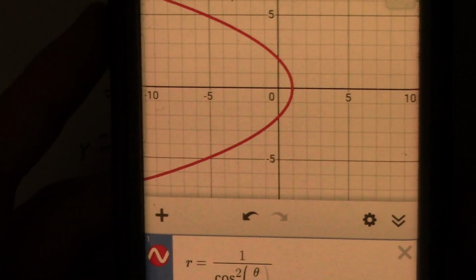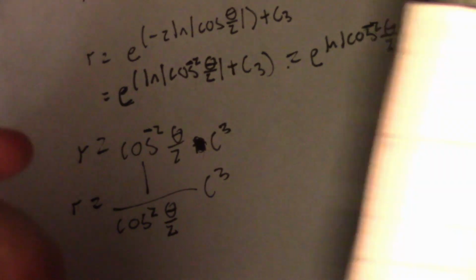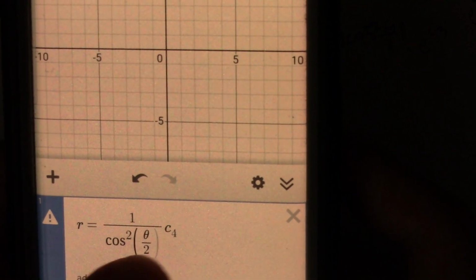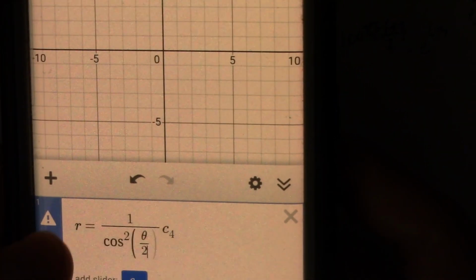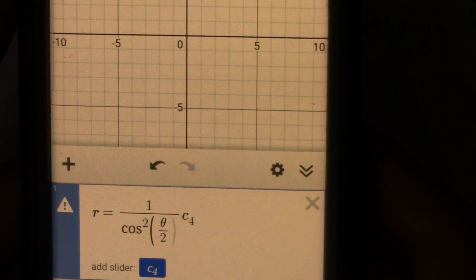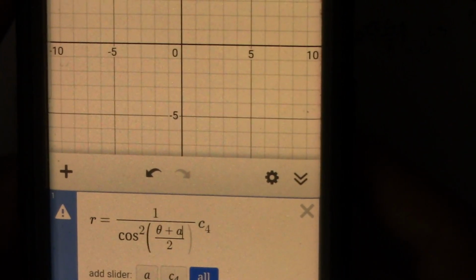And then there's C3 over here, C4 over here, whatever it was. It was C4. And we said that we can just offset it by adding something to the theta, so plus A.